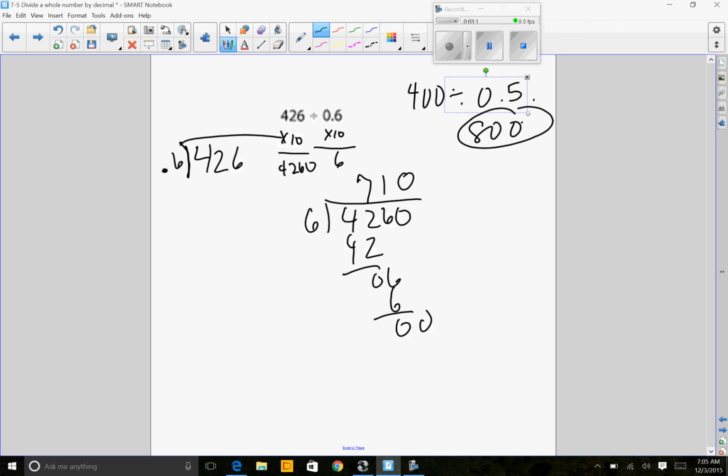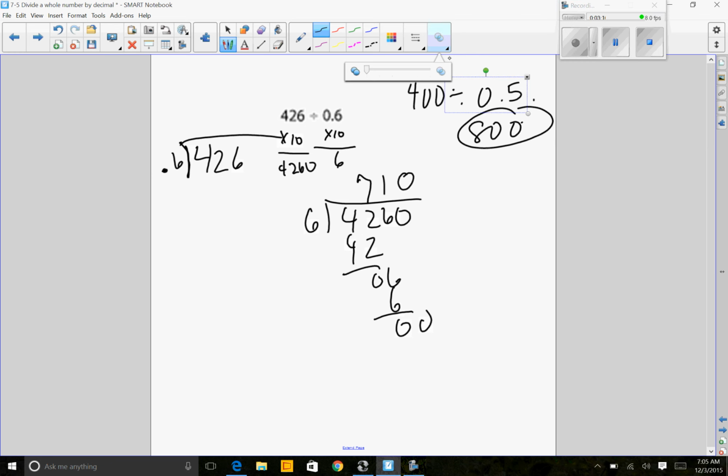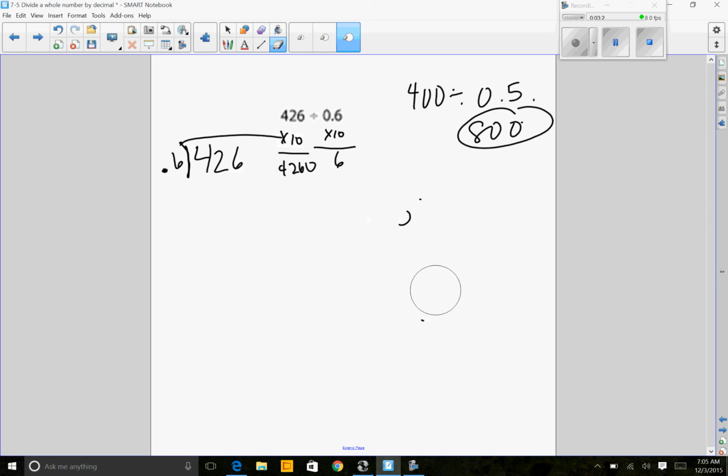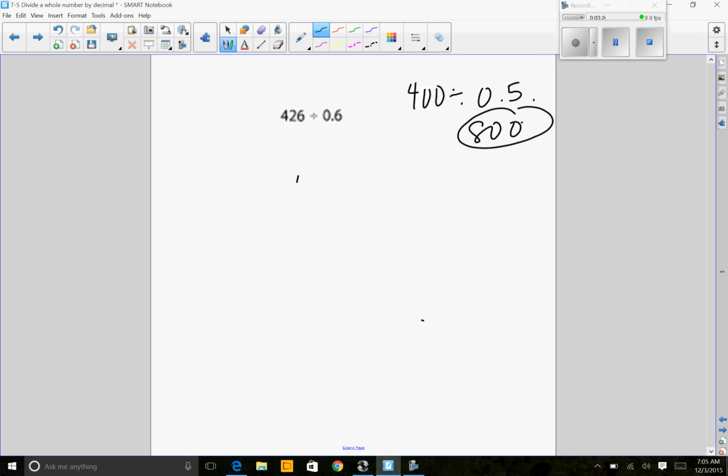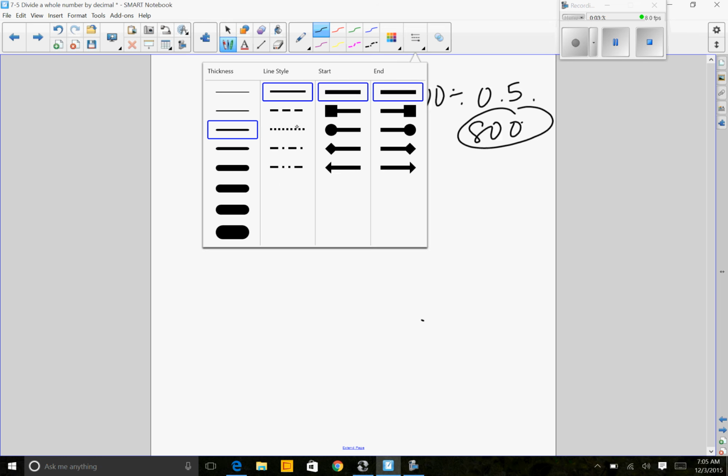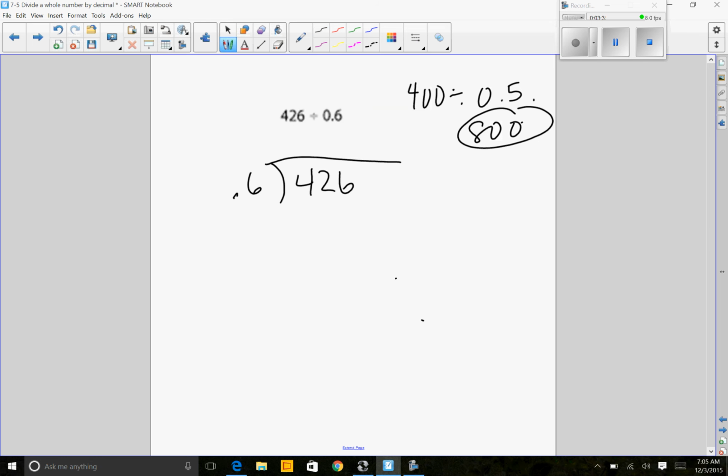So just to look at that a quicker way, let me erase this. We could also think of it this way. This is essentially what you're doing. Here, I'm going to take out my fancy dotted line. I like my dotted line. What you're going to do is, I know I have to move this one place to make that into 6.